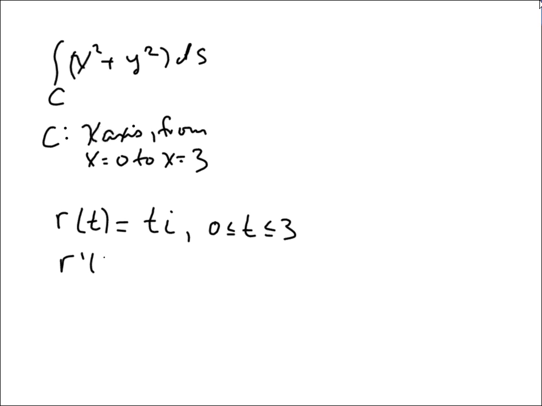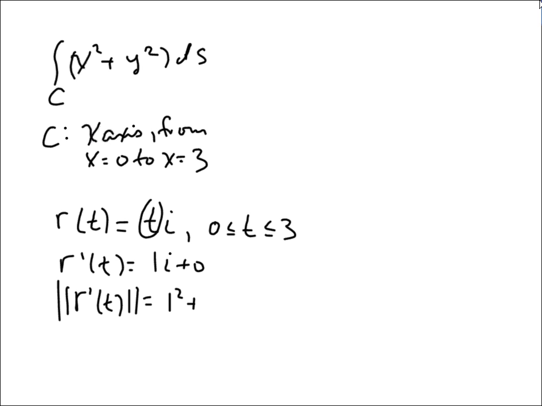So r prime of t would be 1i, and the length of r prime of t would be 1 squared plus the understood 0 squared. However you do it, you get 1.